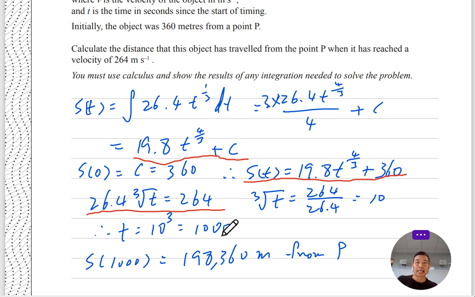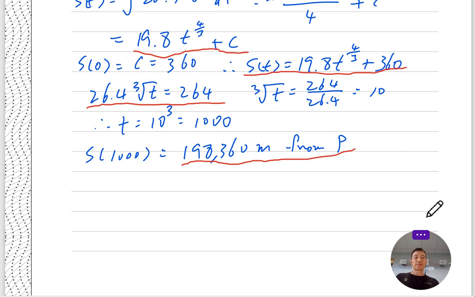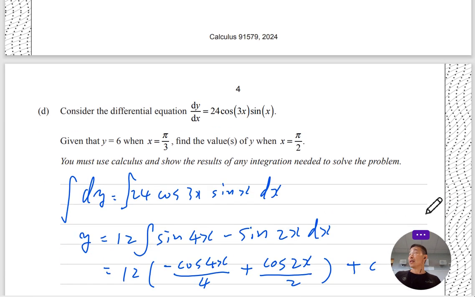So 1,000 seconds later, what is the distance is the question. So you plug 1,000 into the displacement function over here, and you will get 198,360 meters from P. That should be the answer.